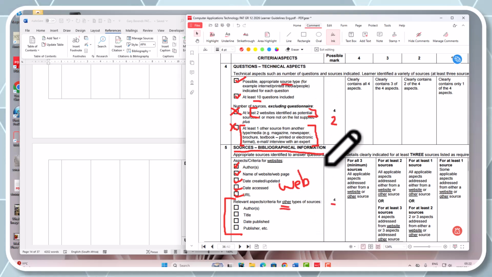So I cannot give myself 4 marks here. I can only give myself a certain amount here. So I would say maybe a 3 here if I push my luck. Okay, with the educator. But this I don't have for other sources. So I'm going to definitely punish myself there.